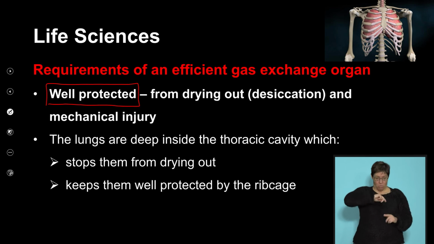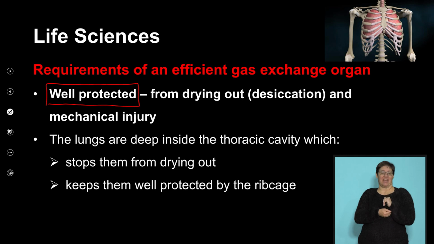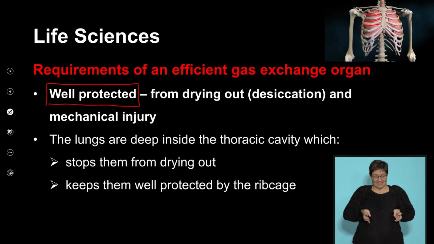But we have a well-protected gas exchange system. And what protects it is our rib cage. Now remember, our rib cage is made up of bones. And not only do we have bones, we also have intercostal muscle. And it's quite thick muscle. Remember, guys, when you eat ribs, that's the meat that you're going to be eating. So we have really well-protected ones.